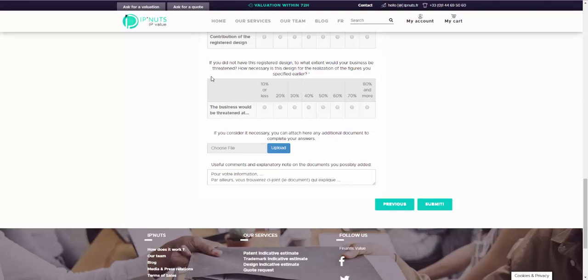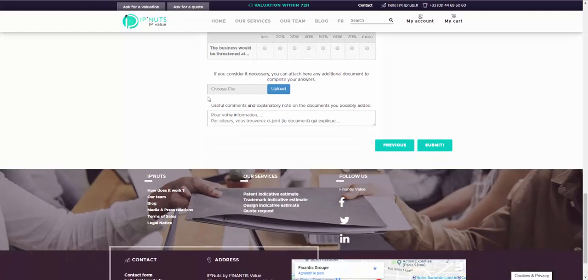So, according to you, the business will be threatened at 10%, 20%, 30%? It can be the level of revenues that your design represents in your activity, or it could be the level of profits. It's up to you to define this with the knowledge you have about your activity.